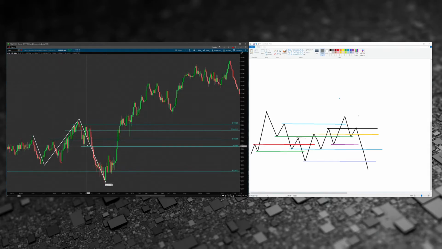So 1306, 13.022. This is tested right here and here. Those are not valid. So really our primary contenders for a level are 22 and 06. Which one's lowest? 06.